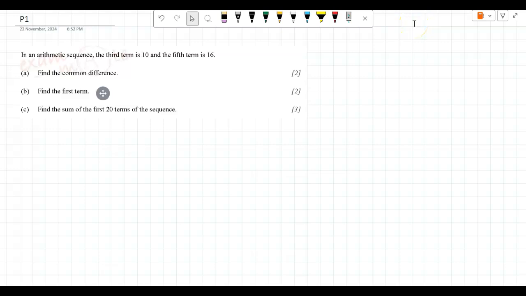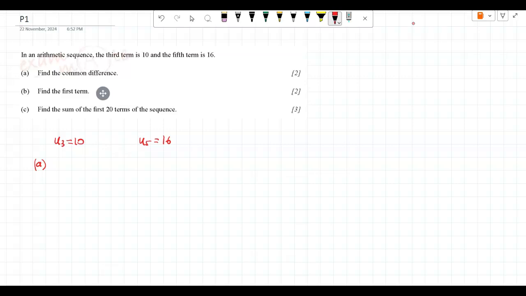So the third term is given to be 10 and the fifth term is given to be 16. Find the common difference. Now there are a number of ways of doing it. One way is you can get a simultaneous equation done.